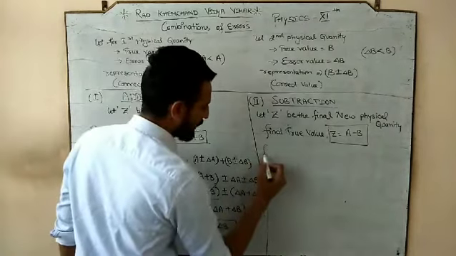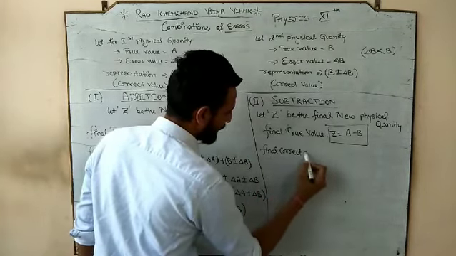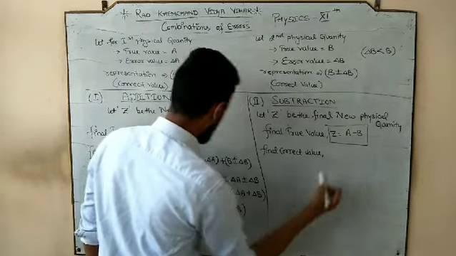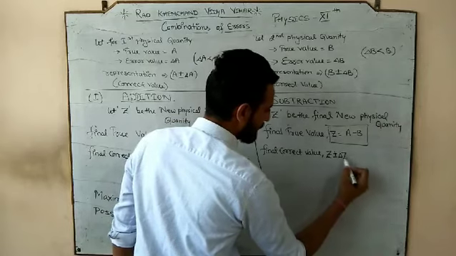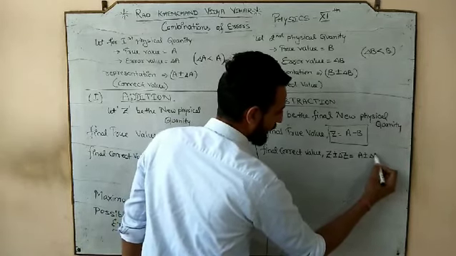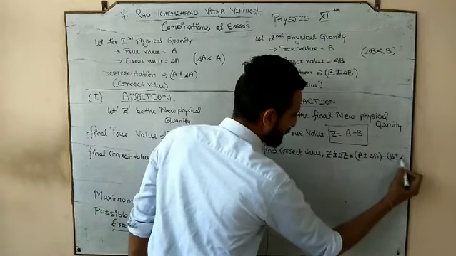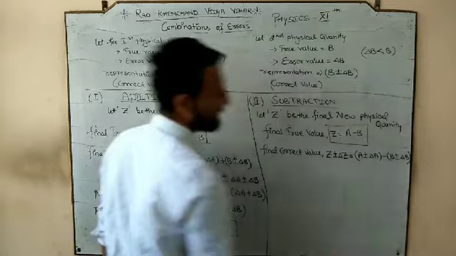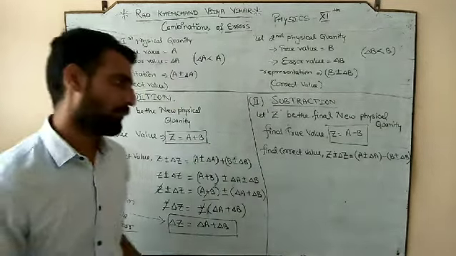Let's talk about the final correct value, or you can say the final measured value. It means Z plus minus delta Z is equal to the first correct value A plus minus delta A minus B plus minus delta B. We are going to perform the subtraction operation.